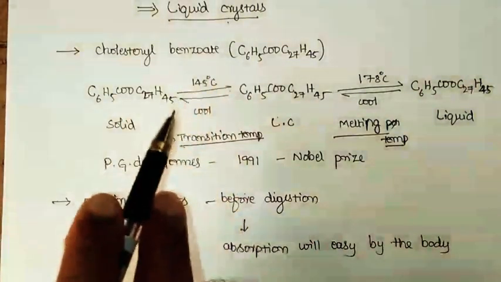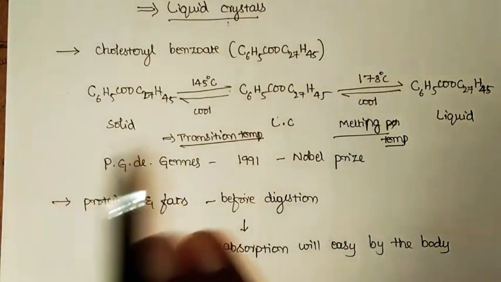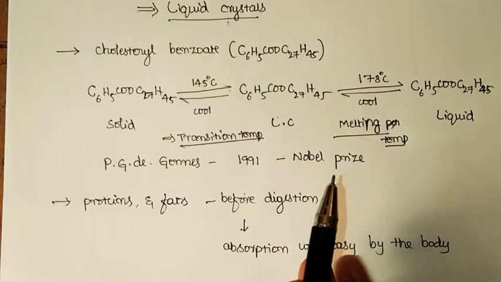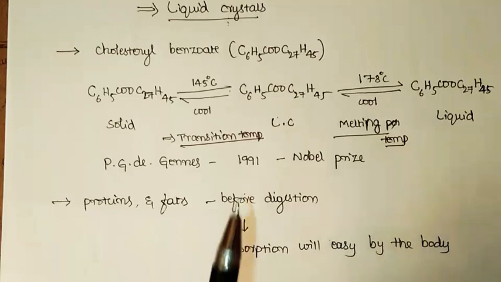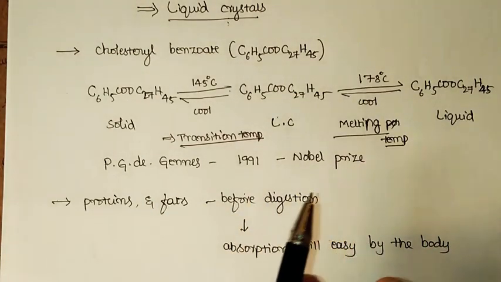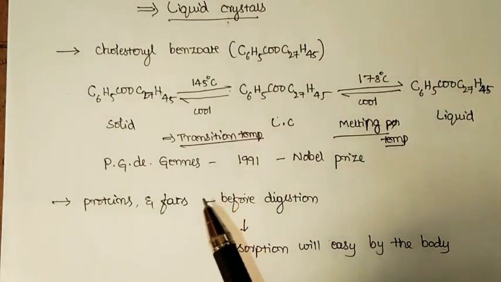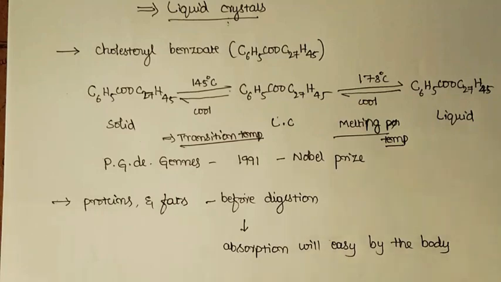Before that they change into the liquid crystalline state. That's why easy decomposition of those materials is not possible. Thus those materials which convert into a liquid crystalline state are highly stable in nature.